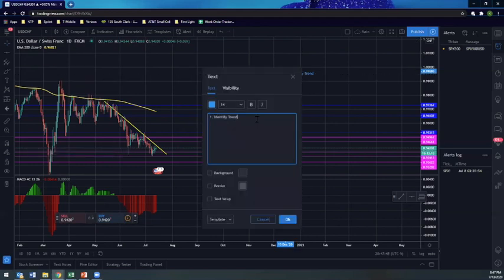There we go. So number one, we want to identify the trend. Number two, and I'll put in parentheses what chart we want to do this on. We want to do this on the day. That is probably one of the best charts to do that on. Number two, we want to do major areas, major support and resistance.